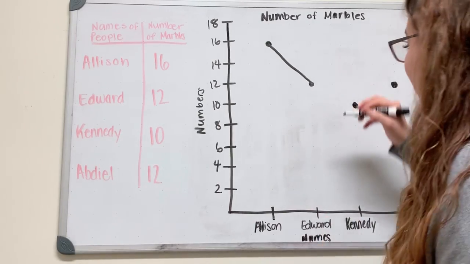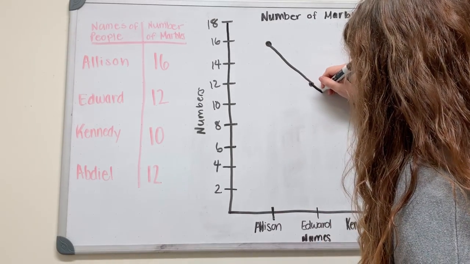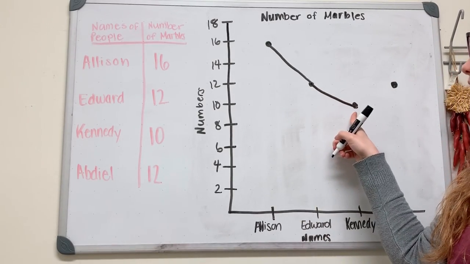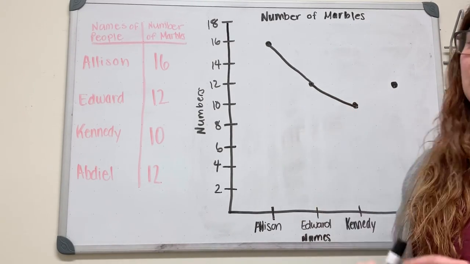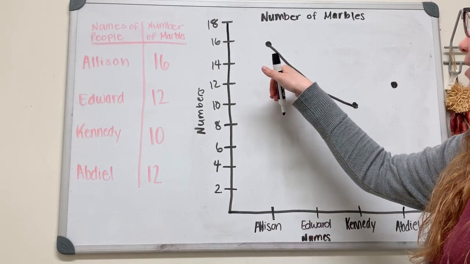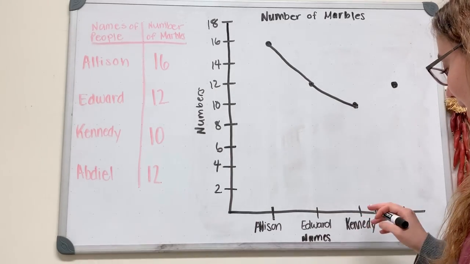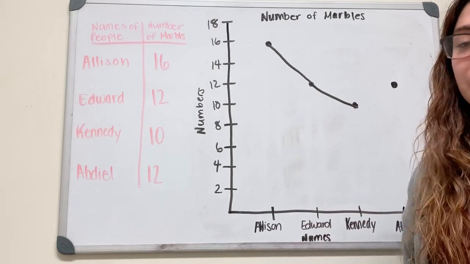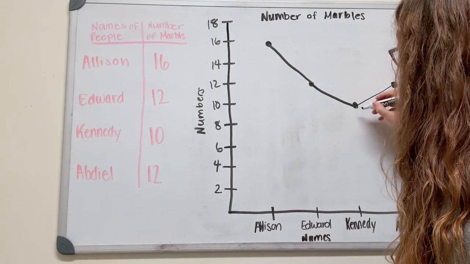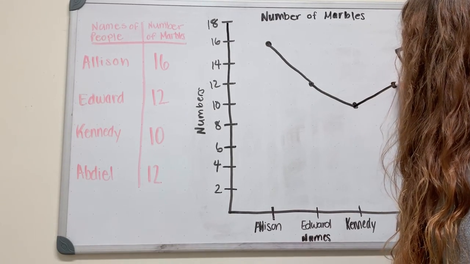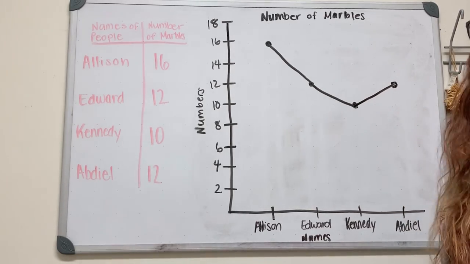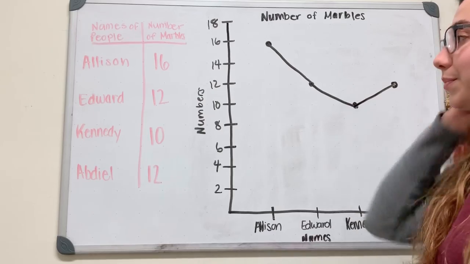Now from data point 2 to data point 3, this also shows another decrease, but not one that's quite as bad as the first one. And now from data point 3 to data point 4, this line shows an increase of the amount of marbles.